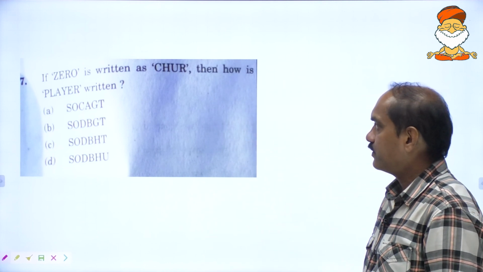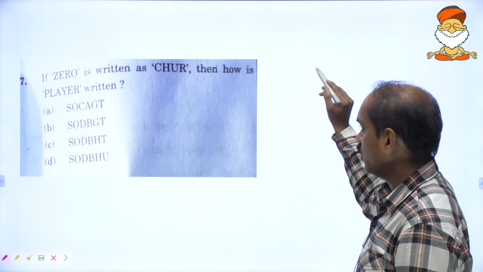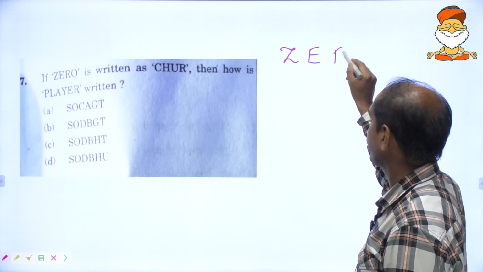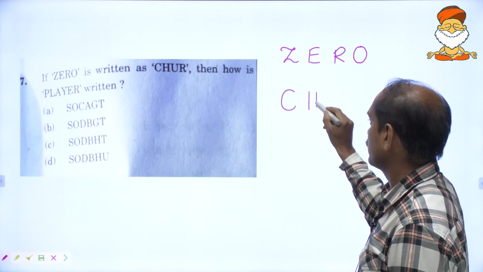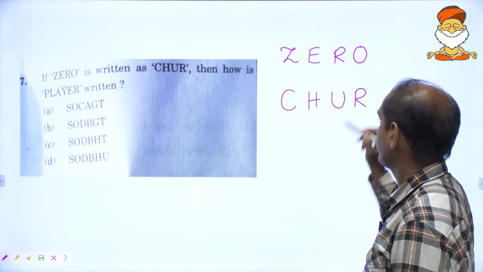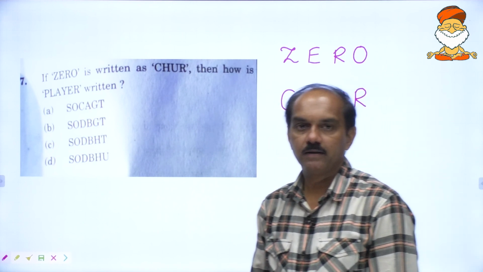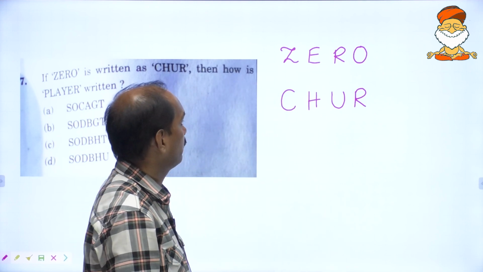0 to player. 0 is coded as CHUR. Now you will have to study how we can get CHUR from 0.